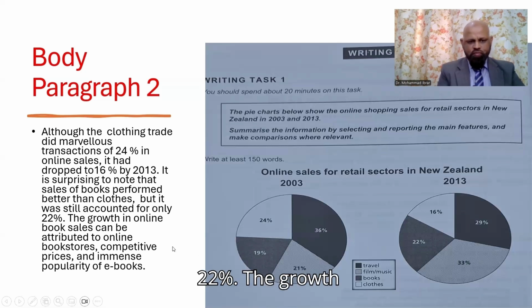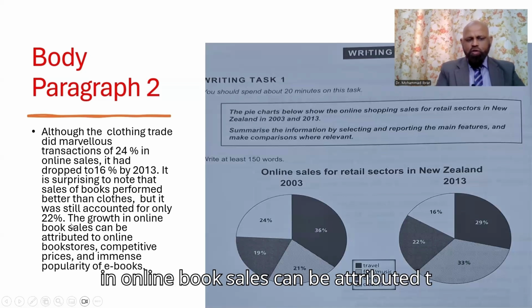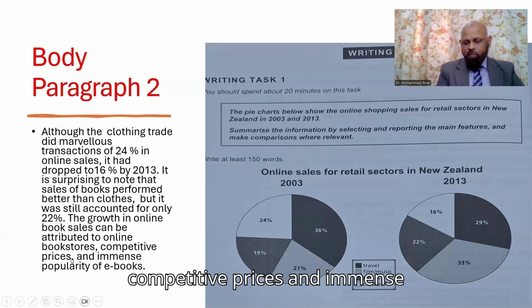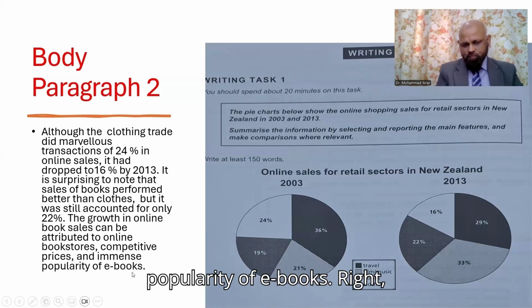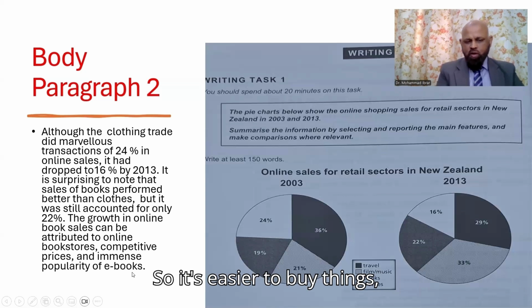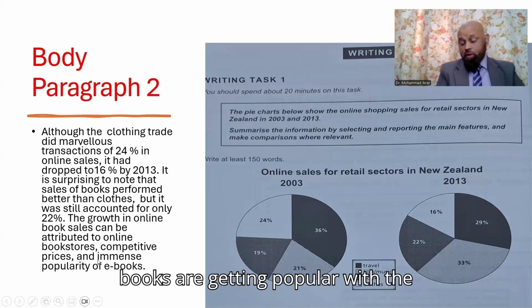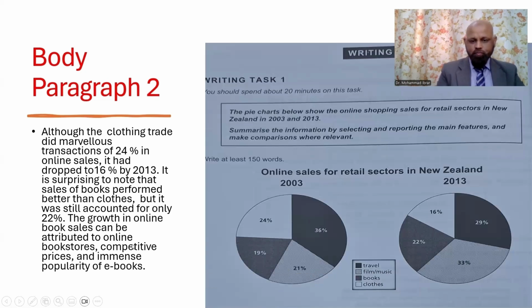The growth in online book sales can be attributed to online bookstores, competitive prices, and immense popularity of ebooks. So it's easier to buy things online, and ebooks are getting popular with the readers, and so on.